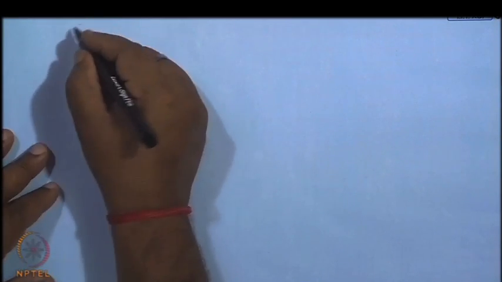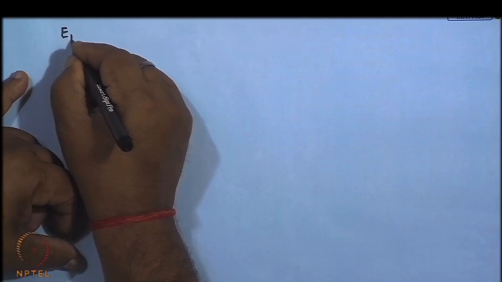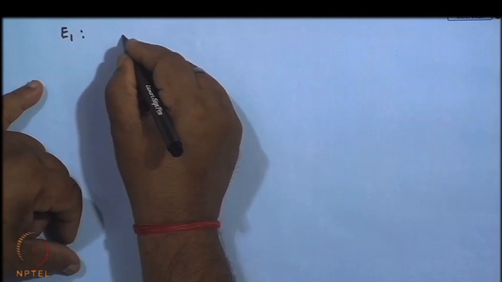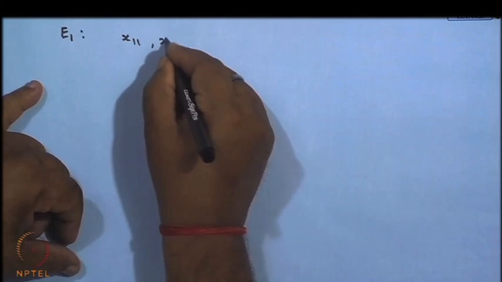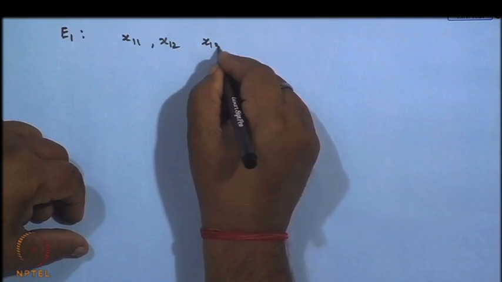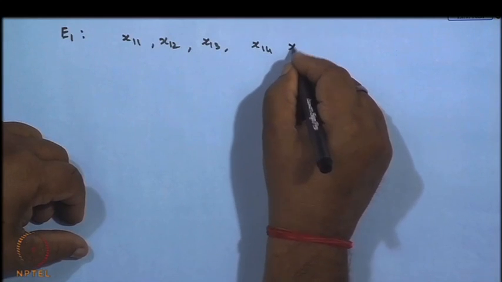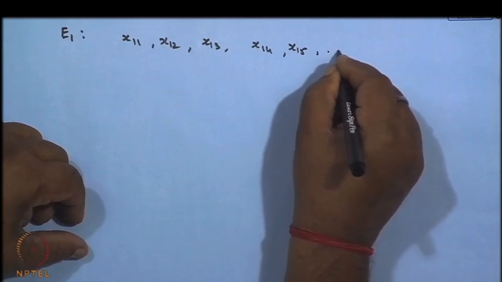It means that for the set E 1, we can arrange the elements like this: x 1 1, x 1 2, x 1 3, x 1 4, x 1 5, x 1 6 and so on.